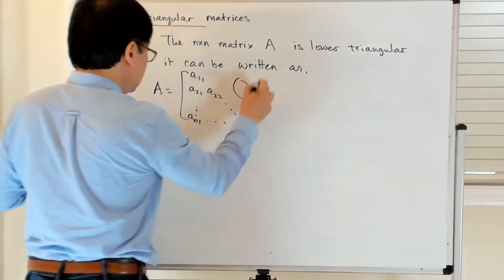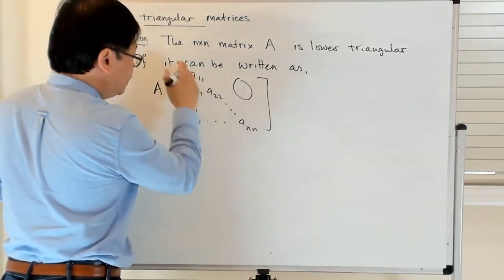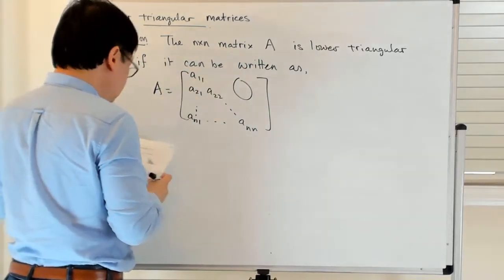So basically, all the entries above the diagonal are 0, okay?